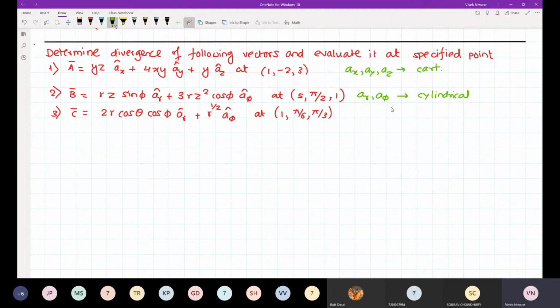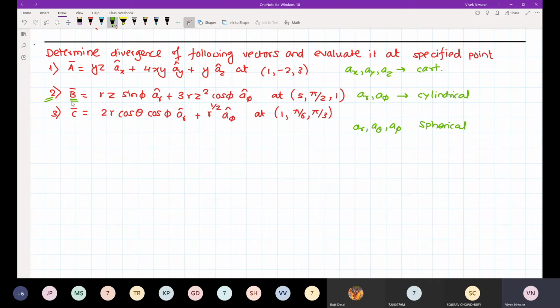Okay, but it may come to mind that if we think about spherical, then in spherical also there are AR, A theta, A phi. I can say that in the second vector, A theta is missing. So why not consider the spherical coordinate system for this B bar?